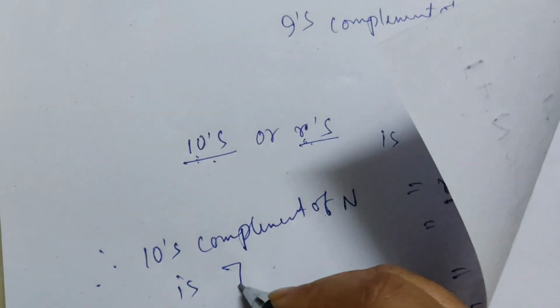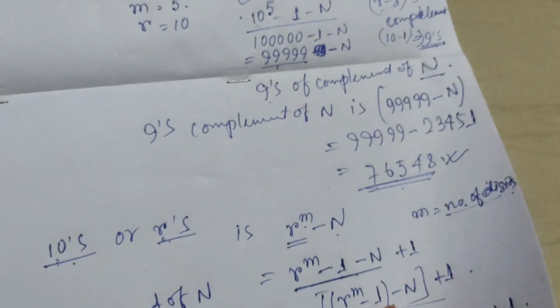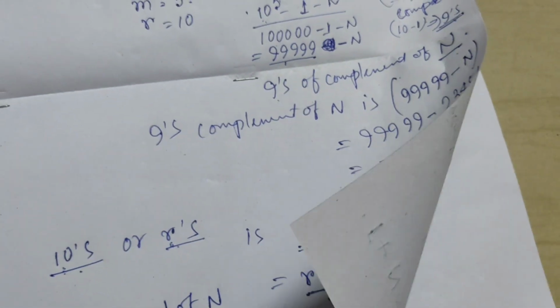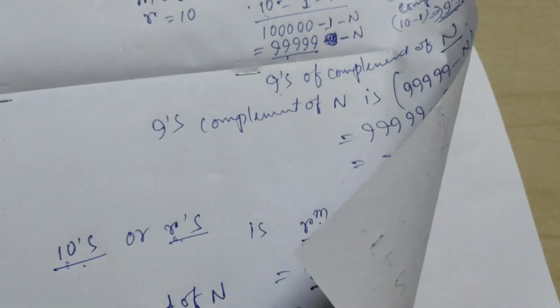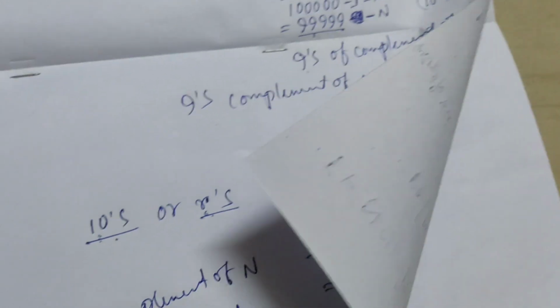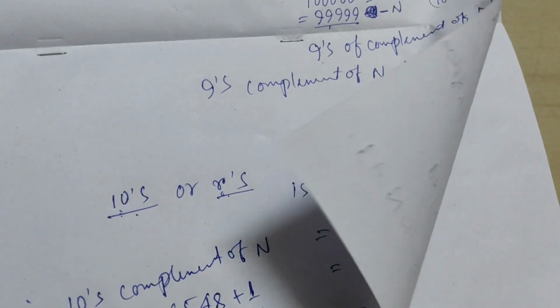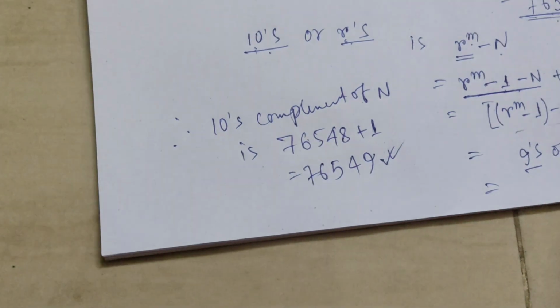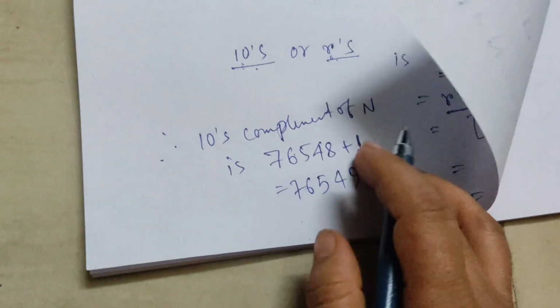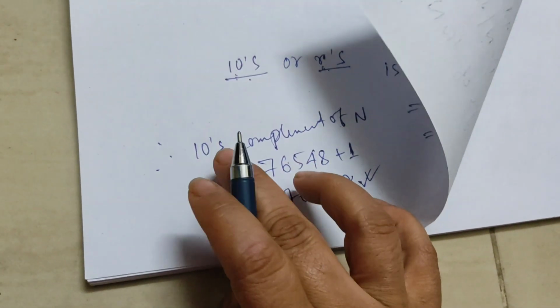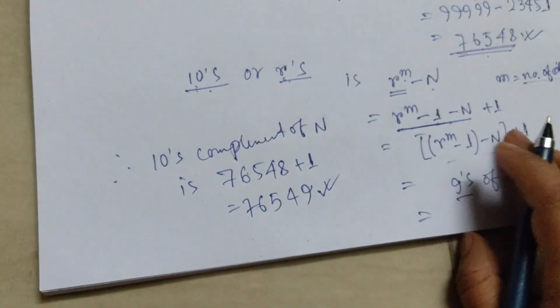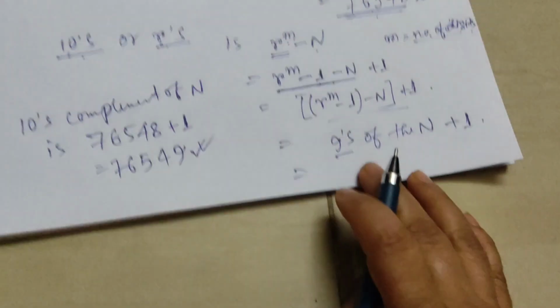So that is 76548 plus 1, which is 76549. So this is the 10's complement. So we have identified, in the decimal number system, the 10's complement and the 9's complement.